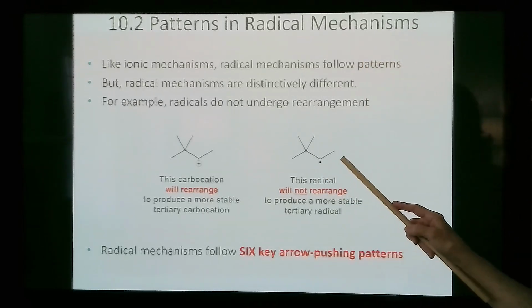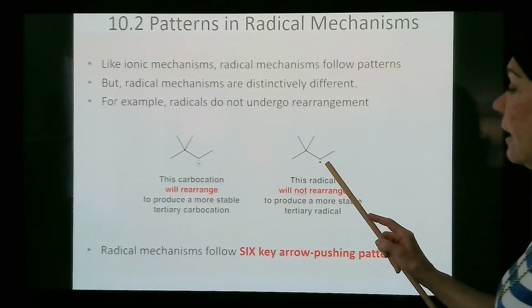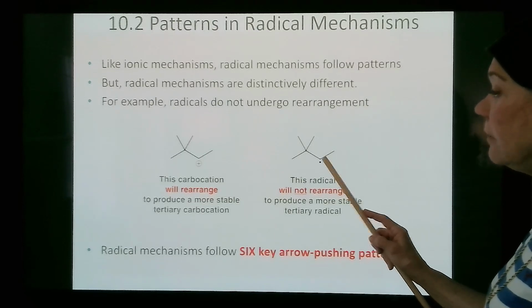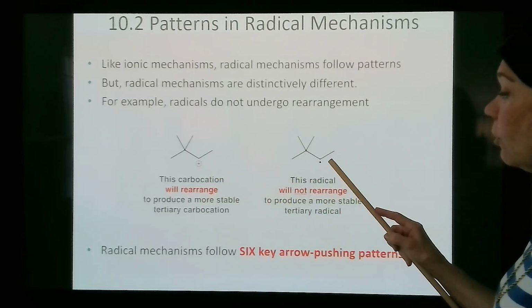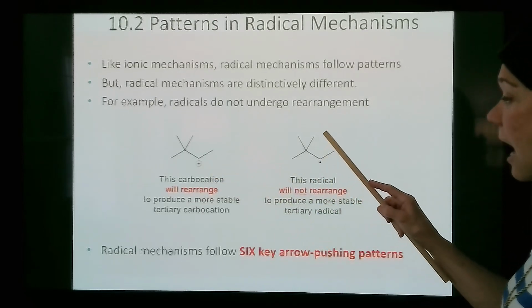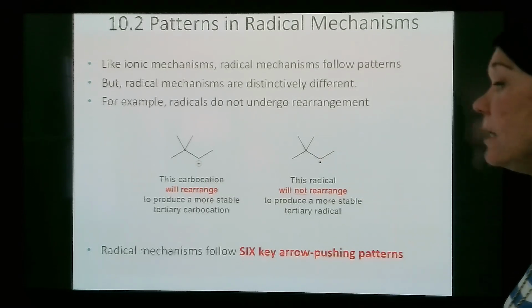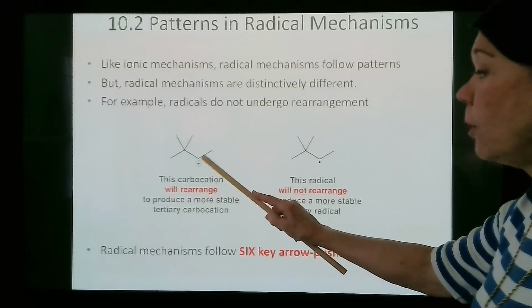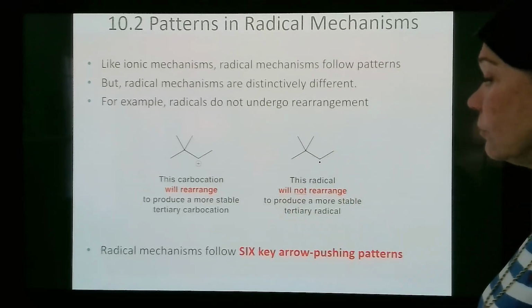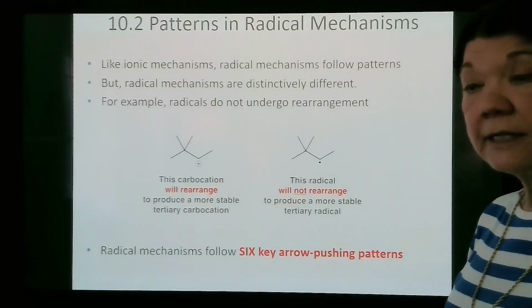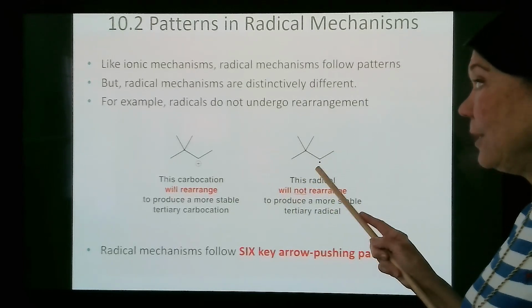You will not see that in the analogous radical molecule. You will not have the methyl shift. So that is one difference between carbocations and radicals. You will see a lot of similarities, but this is not going to be one of them.